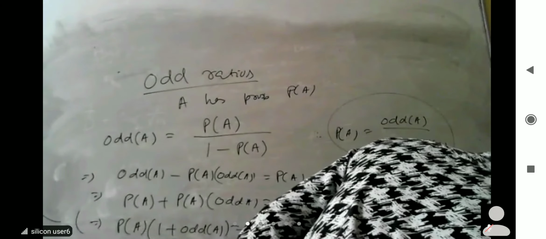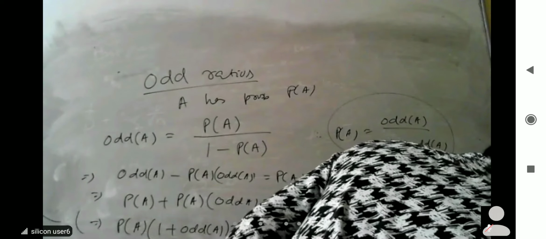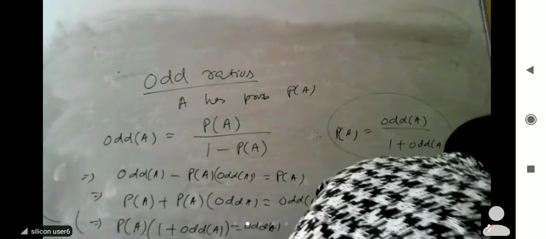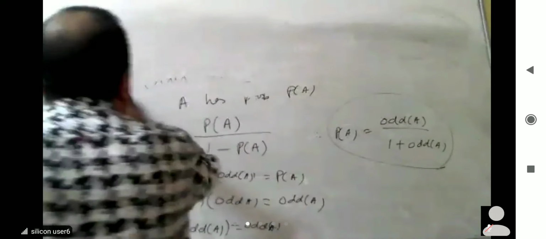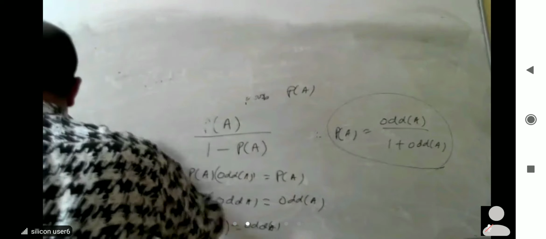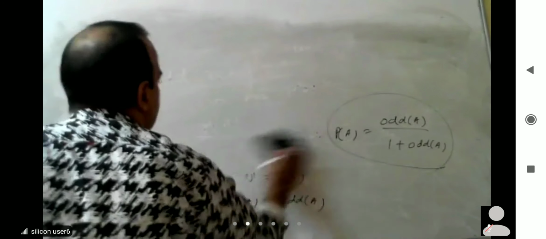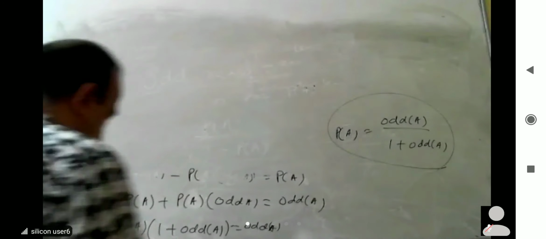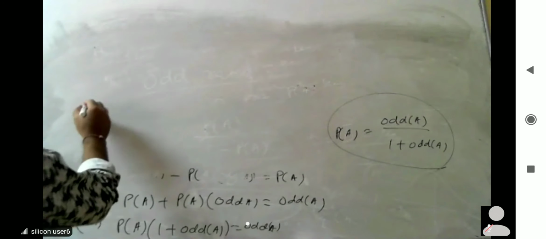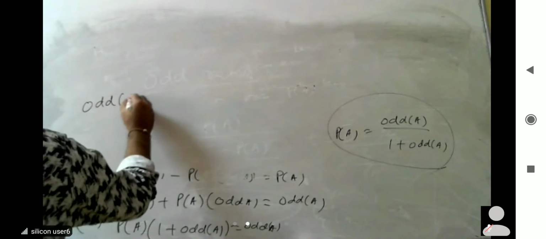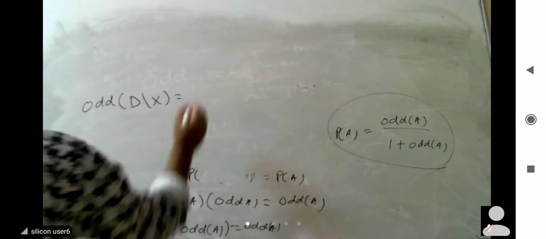Then what is the odd ratio? Now write the odd of D condition X. What is the formula?